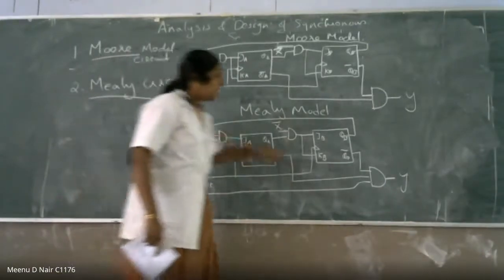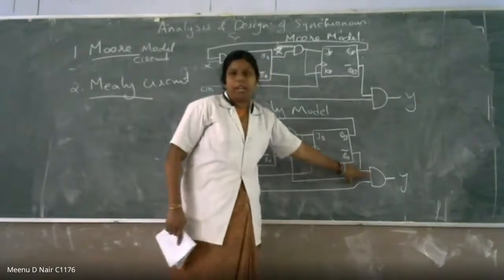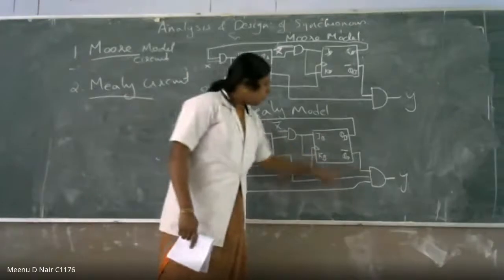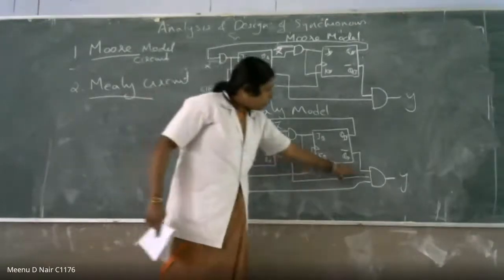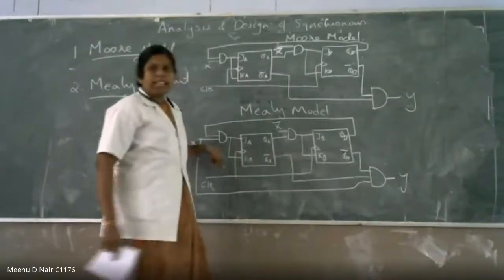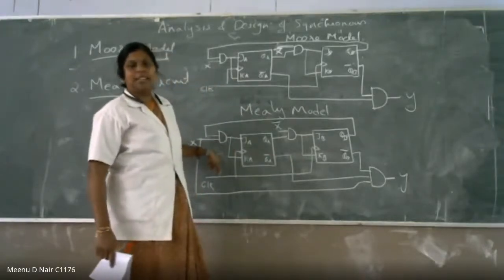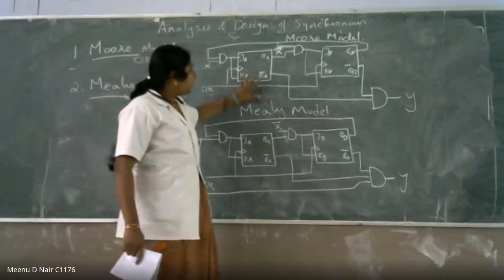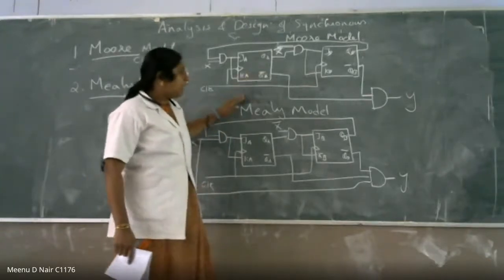So X is also a part of your output. X or X bar, it can be anything. Here we are using X only. So it is depending on QB bar, QA bar as well as X. That is known as the Mealy model. You understood? This is the definition of the Moore model as well as the Mealy model.